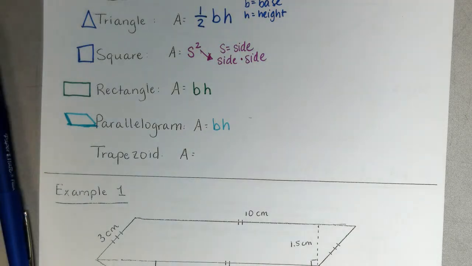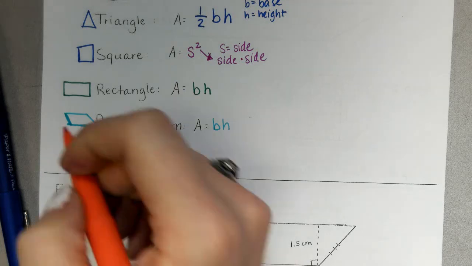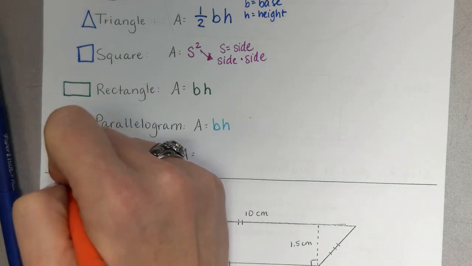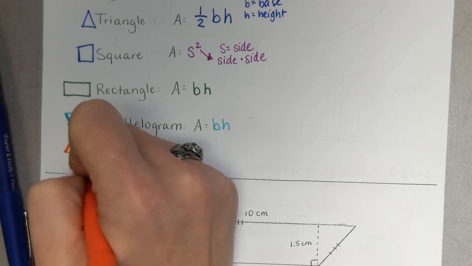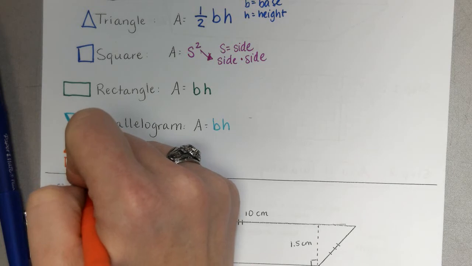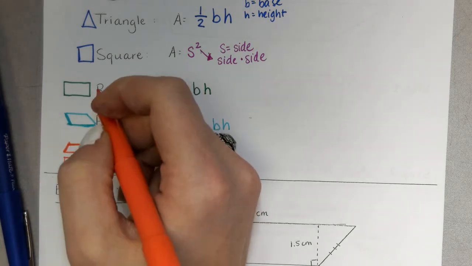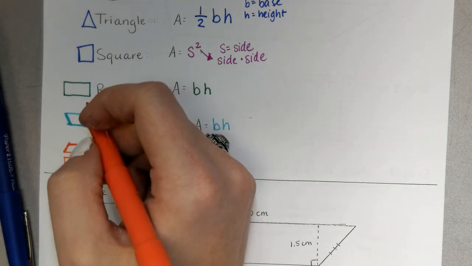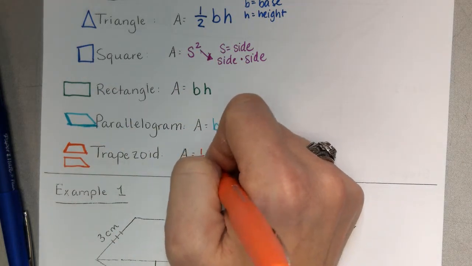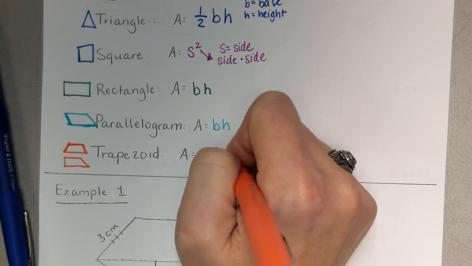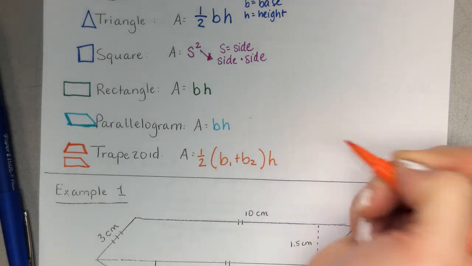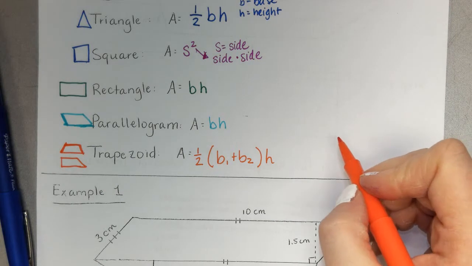And then we have a trapezoid, and a trapezoid can look like this, or it can look like this. A trapezoid's area is 1/2 times base 1 plus base 2, times the height. Let me explain this.